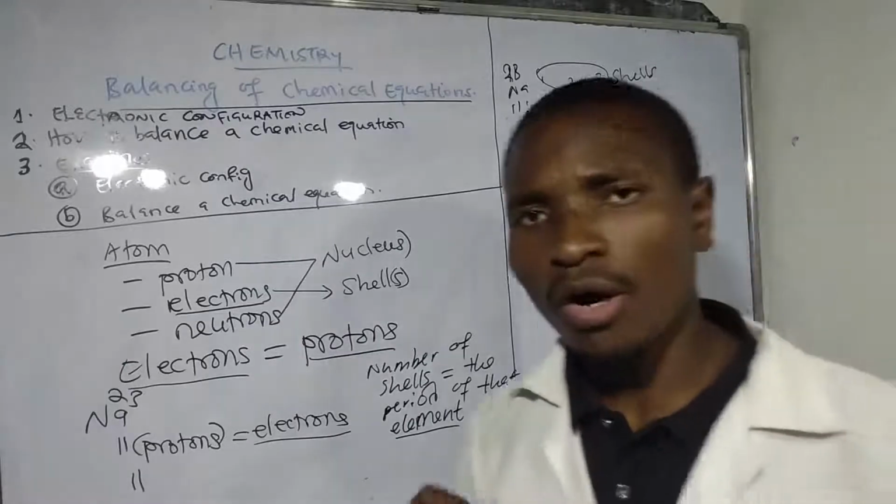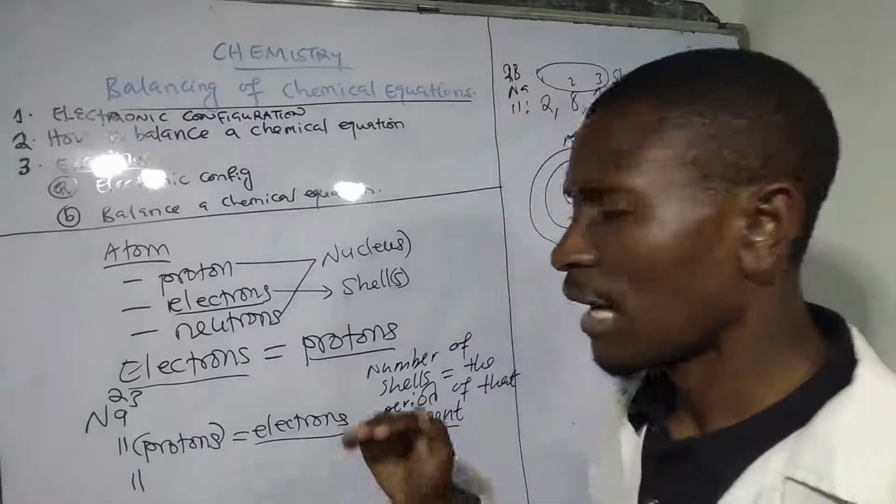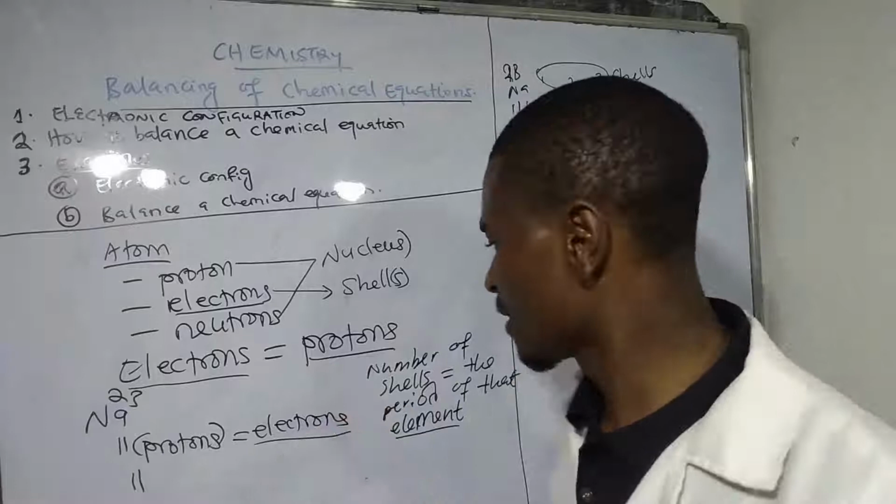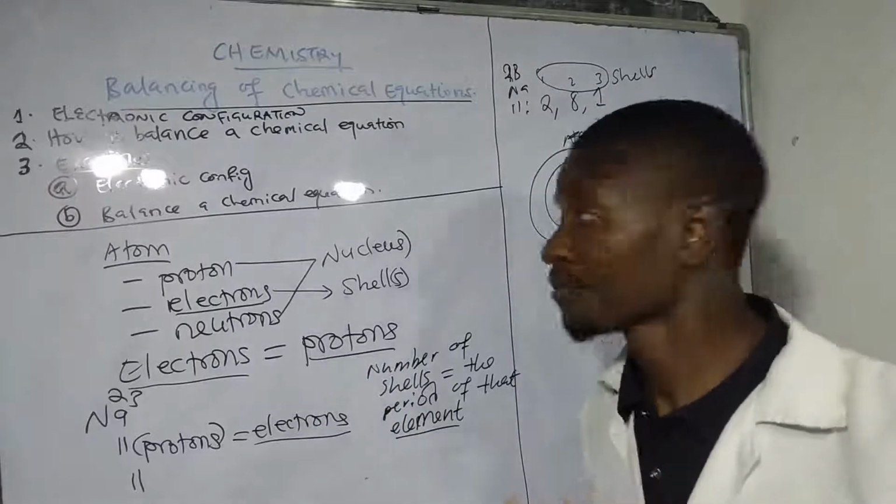When I go on the periodic table, I will discover that sodium is in period 3.